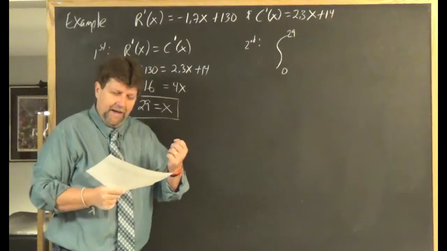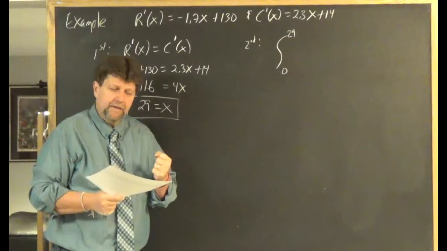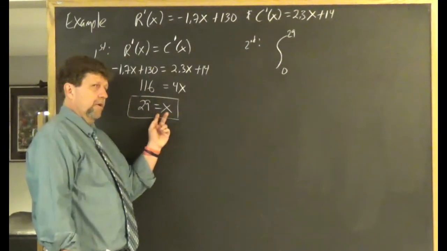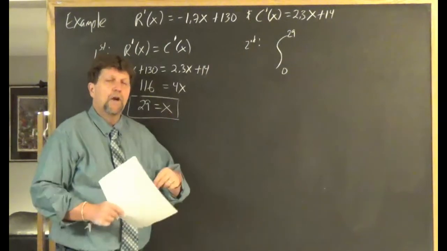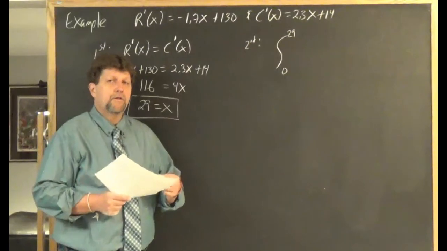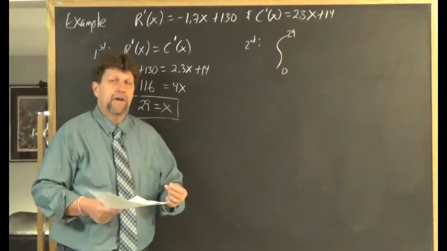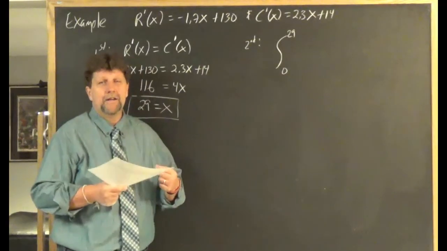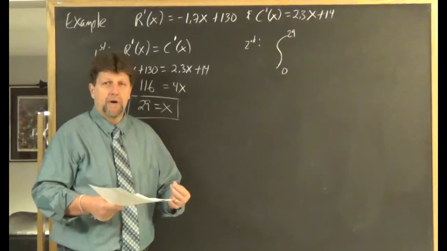We're trying to find the total profit from x equals 0 to where profit is maximized. To find a total, you integrate a rate function. So to find total profit, we would integrate marginal profit.